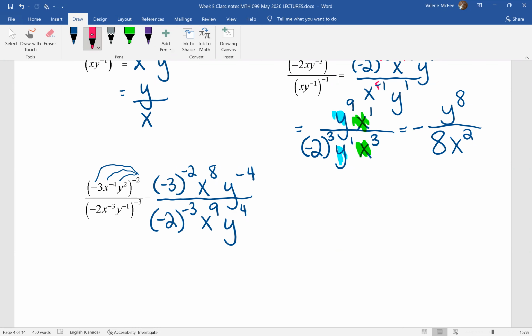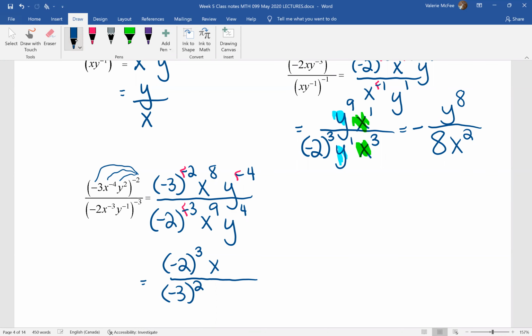And now we see that we have some negative exponents that need to be flipped or moved. So that negative 3, I'm going to move it to the denominator, and now it has an exponent of positive 2. That negative 2, I'm going to move to the numerator, and now it has an exponent of positive 3.